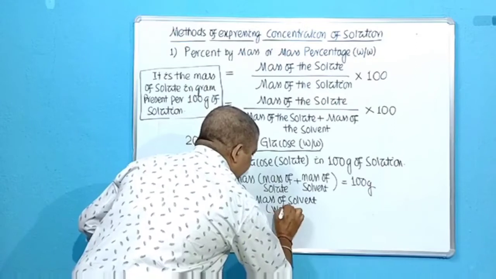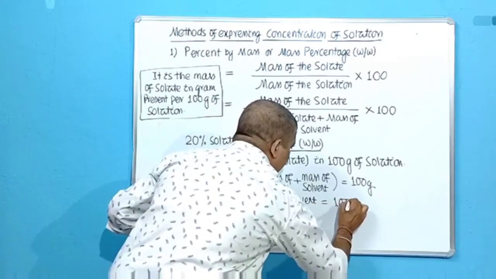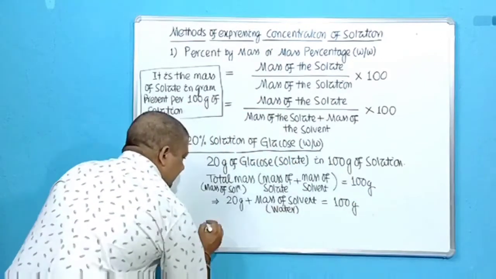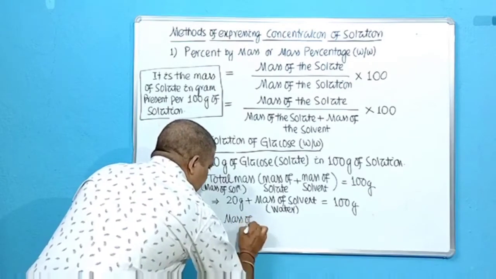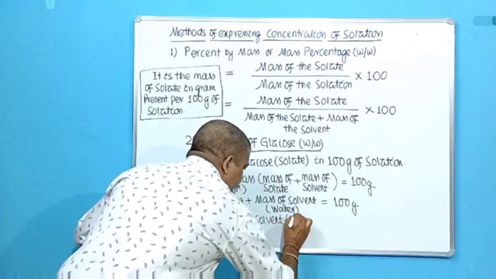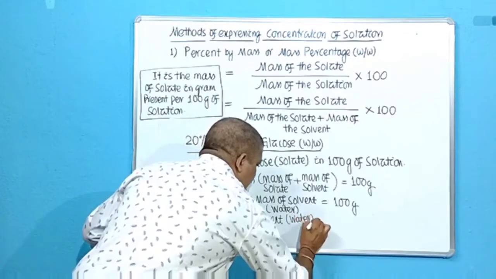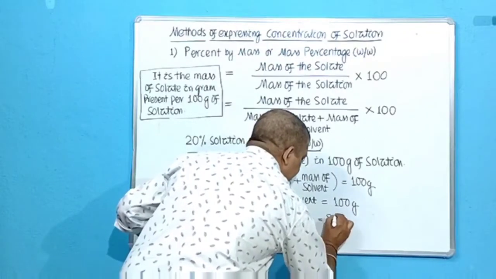Water, H2O, is equal to 100 gram. That means what is mass of solvent? Mass of solvent, that is water, will be 100 minus 20 gram, that is 80 gram.